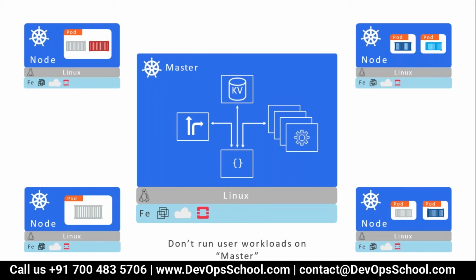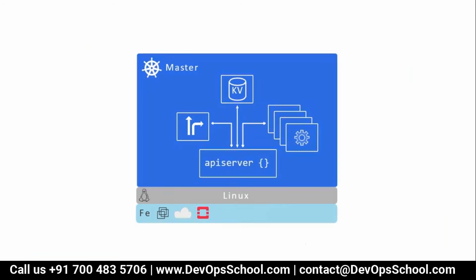Yeah. So guys, next question is, let's understand the 4 important components of the master. In short, when I say component, that means 4 important software of the master. Let me repeat, guys.